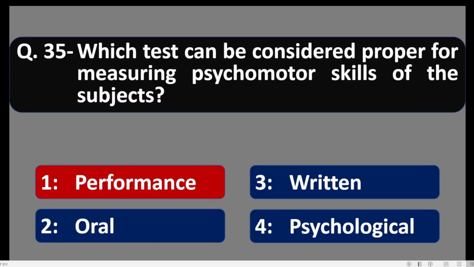Oral test cannot measure all the psychomotor skills, and in the same way written test can also not be helpful in measuring all psychomotor skills. And psychological test has a wider range, which includes performance test also. So here the correct option is performance test.